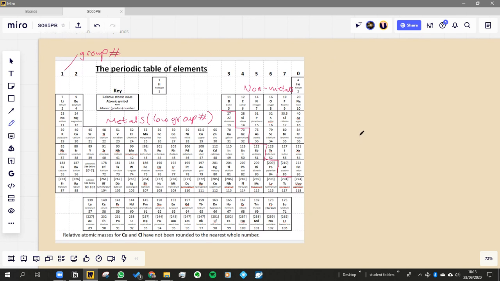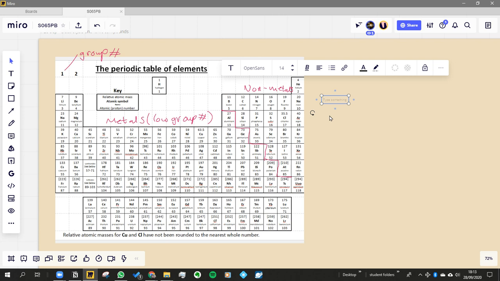So why is that relevant for ionic bonds and so on? It's because we know that all atoms like to form full outer shells. So basically, metals tend to want to lose electrons when reacting.